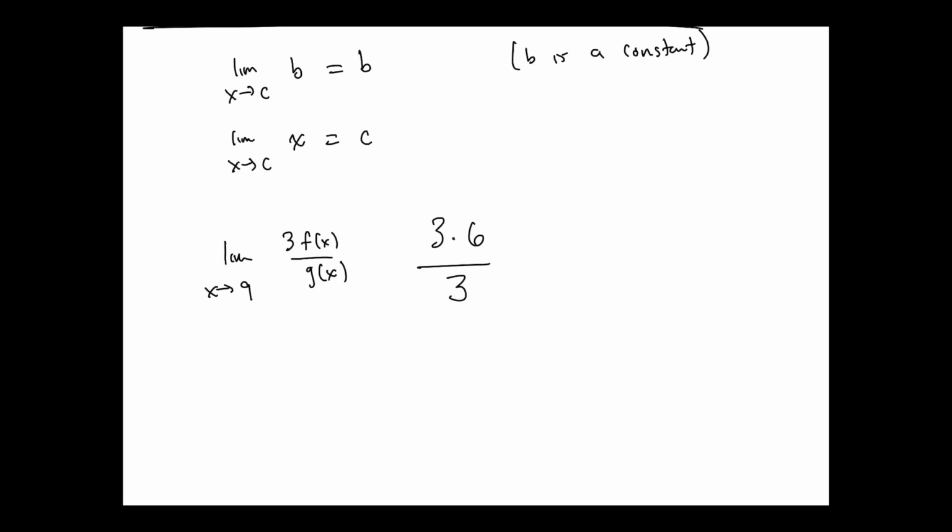So this 3 is just that 3, because what did we say the limit of the constant should be? Just itself. What's the limit of f as x approaches 9? 6, that was given. And then what's the limit as x approaches 9 of g? 3. And in this case, the 3's happen to cancel, and so we just get 6. Okay. Oui ou non?